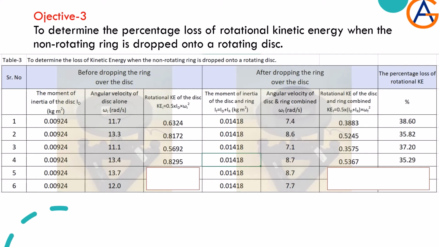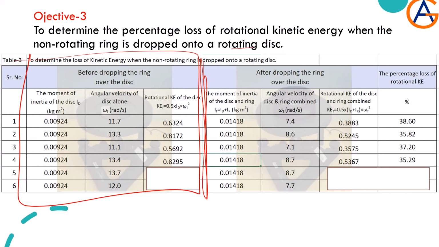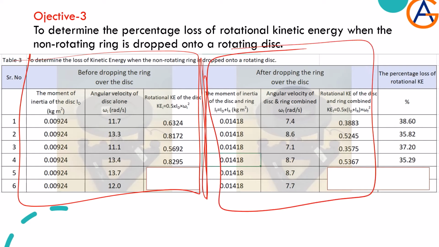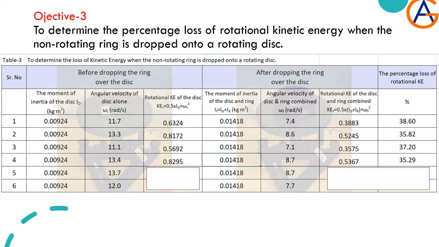So let's calculate how. The same thing, let's divide this. This part is before the collision, and this part is after the collision. Before the collision we have the moment of inertia of the disk, which we already calculated in the beginning, so this is constant, and the omega I, the initial angular velocity of the system, for every trial we have to put.